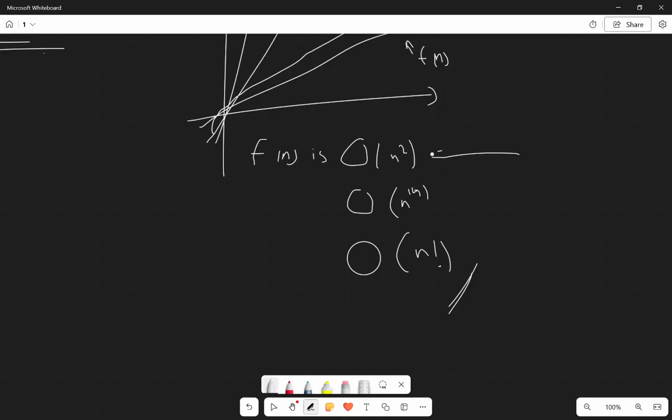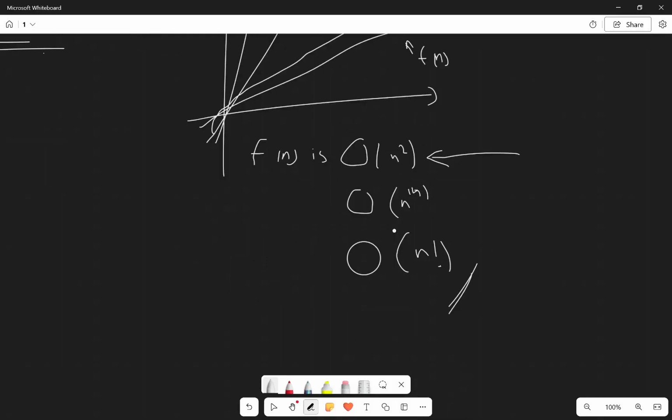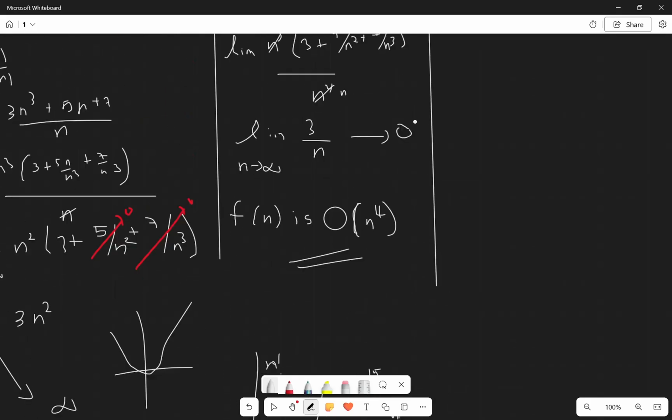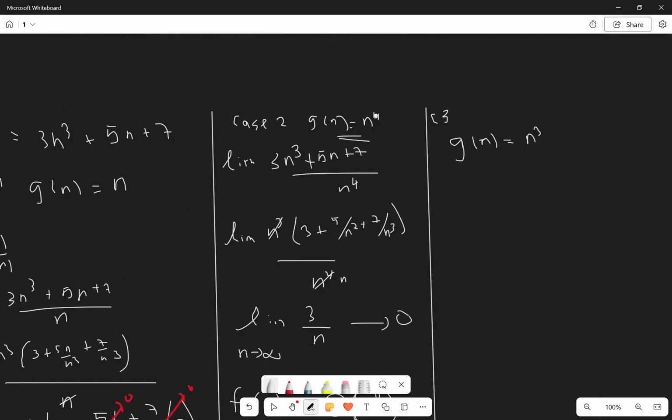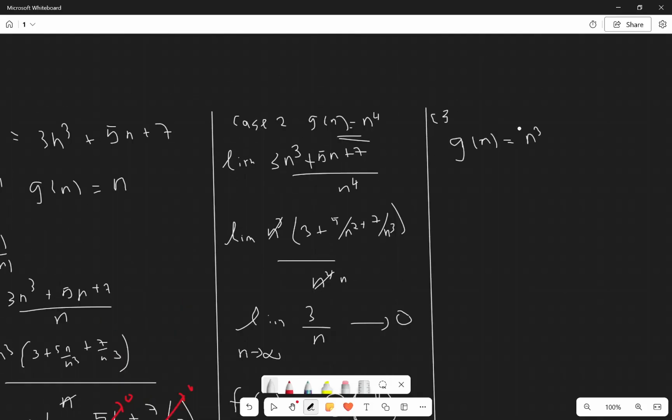But we use the tightest one, which means the closest upper boundary, because that gives us a better analysis of the function. The others are correct as well, they act as upper boundaries, but we use the closest one for our analysis. Instead of n to the power 4, I can use n to the power of 20 if I like, and it will also be an upper boundary. But I use the closest one.